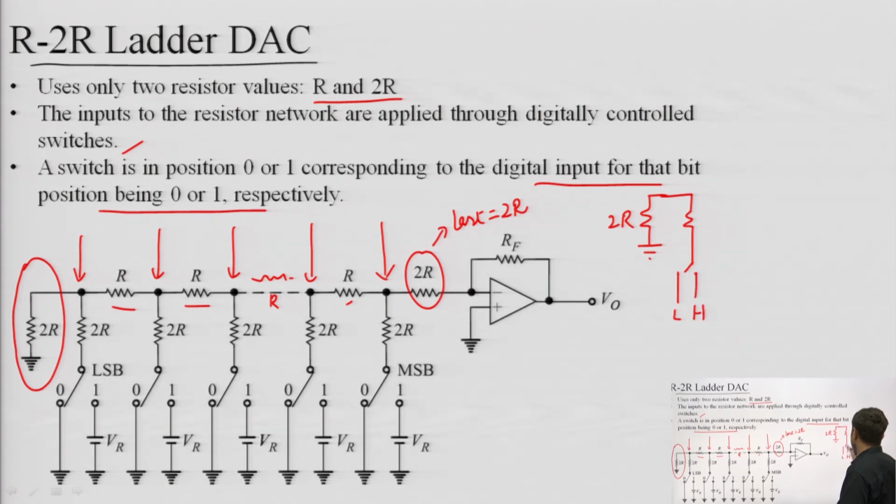I am simply representing it in form of low and high. Two switches position low and high. Similarly, another branch low and high, and this last one, and this is my op amp.